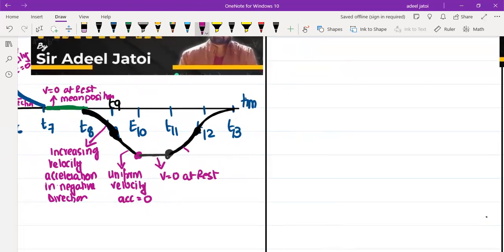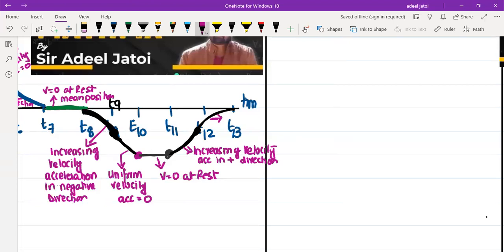But again, T11 to T12 increasing velocity, but acceleration in positive direction. Again, going towards the mean position.